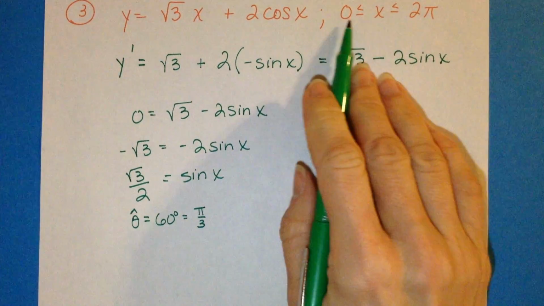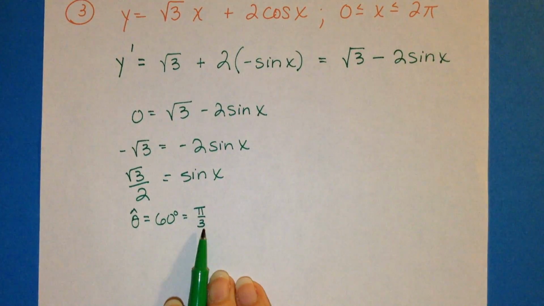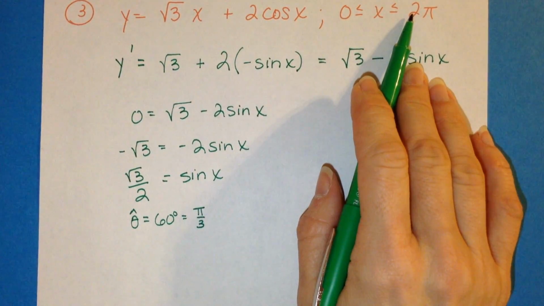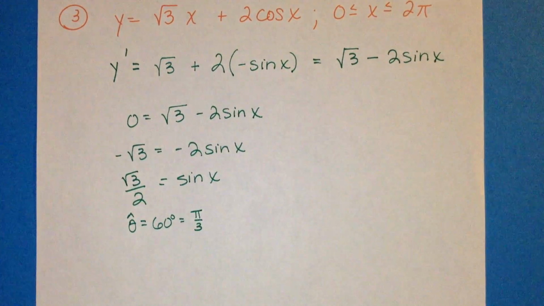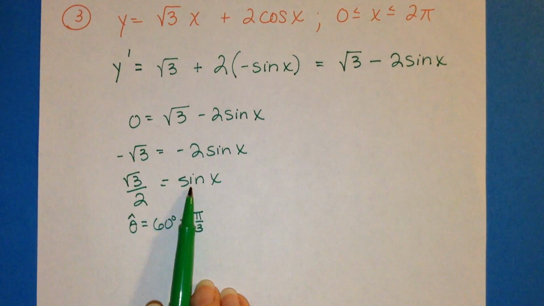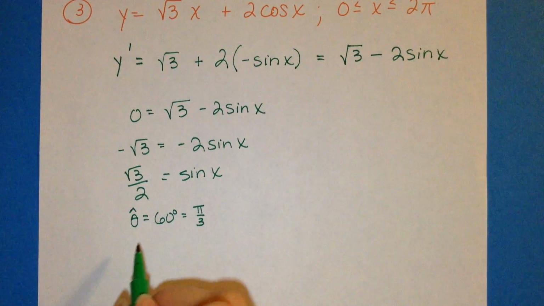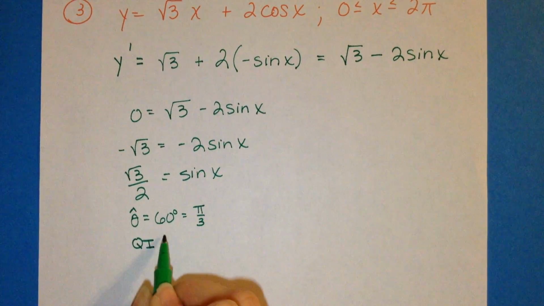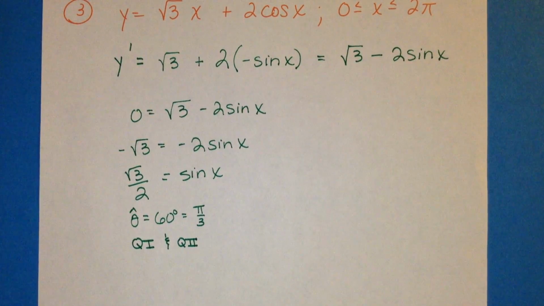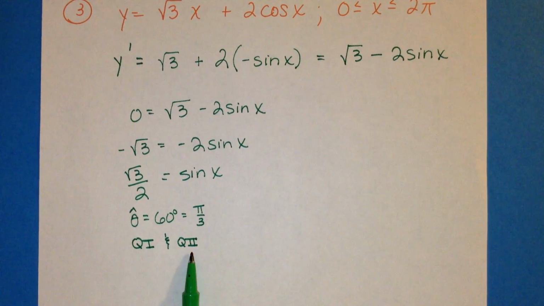Now the interval here, of course, this is in terms of radians, so that's why we also need to do radians down here. But you're just going to consider just one rotation, just from 0 to 2 pi. Now, you have sine equal to a positive. The only place that sine is positive is your first quadrant and your second quadrant. So you need to locate your angles from the first and second quadrant.